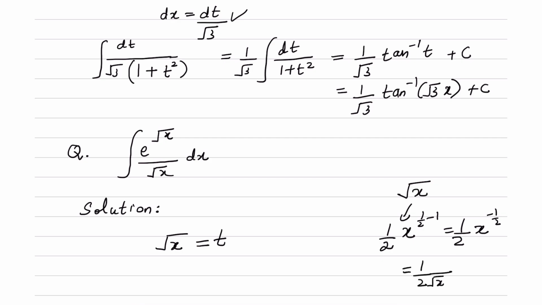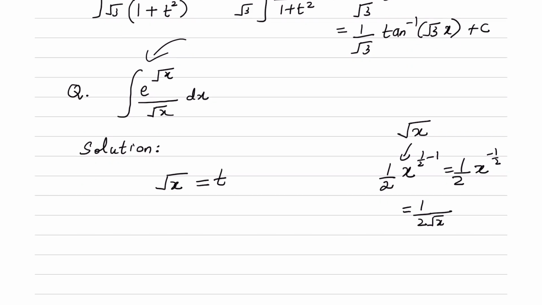Although 1 over 2 is not written here, 1 over square root x is written here. So that is why the substitution of square root x equal to t is correct.